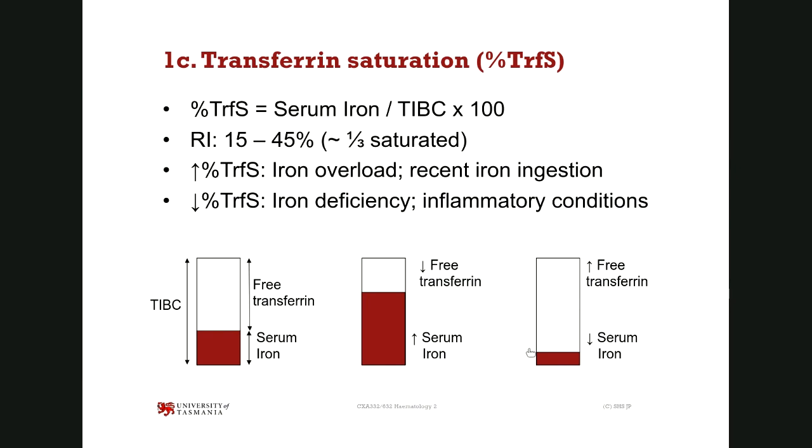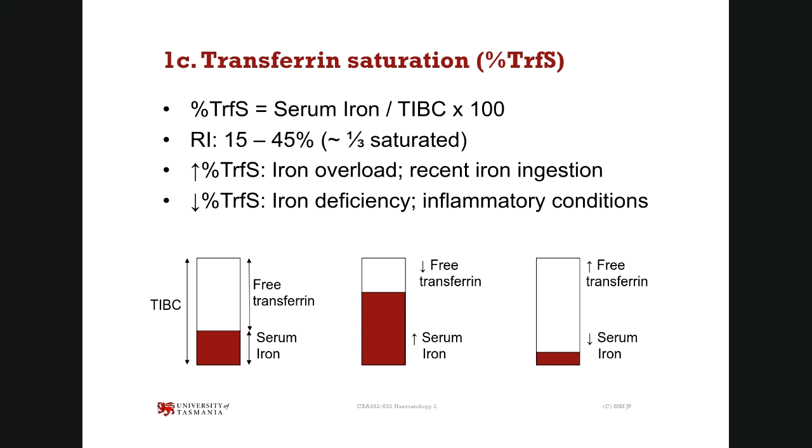Conversely, if you've got a percent transferrin saturation of greater than 45%, that's a good indicator of iron overload, and possibly hemochromatosis. But as you can see there, with this increased transferrin saturation, you have to take into account when the person last ate a meal that contained iron, because that can affect it.